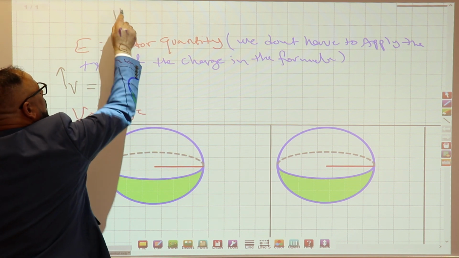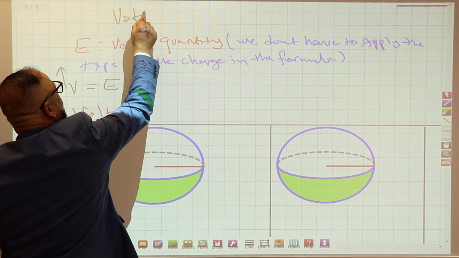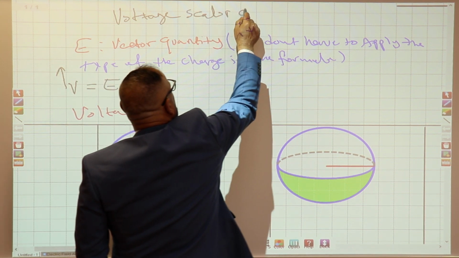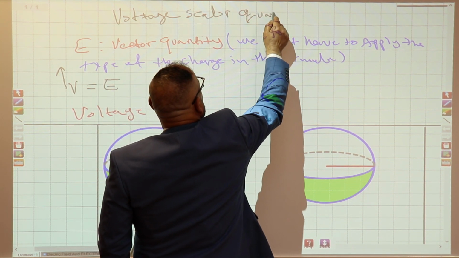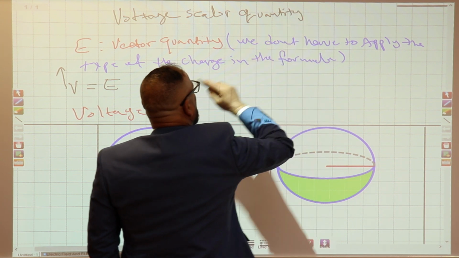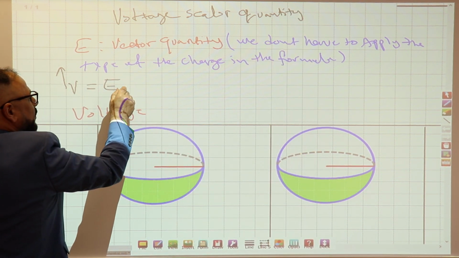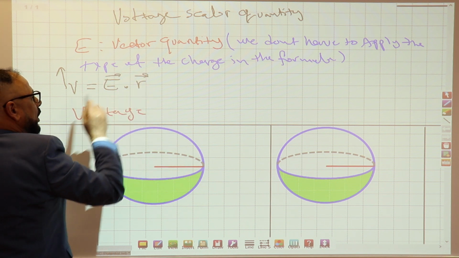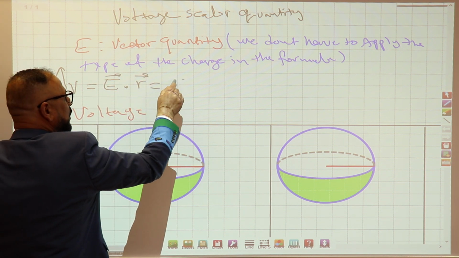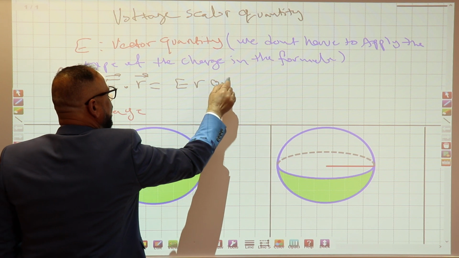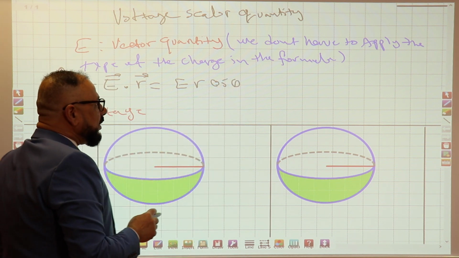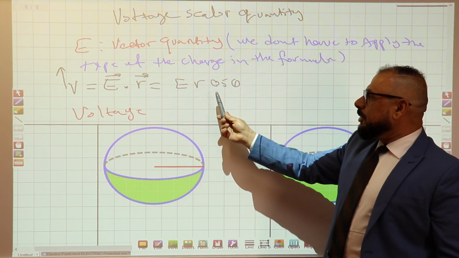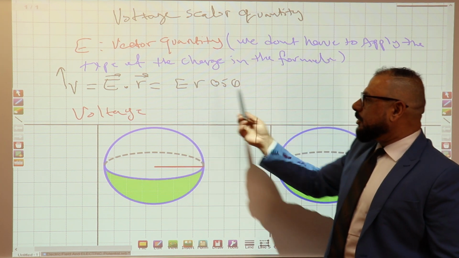Voltage comes from the dot product between two quantities, E and R, which is E R cosine theta. Now if there is a change in the voltage, that is because R changes.